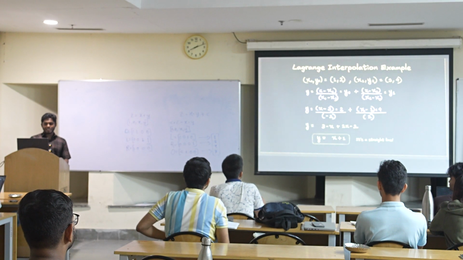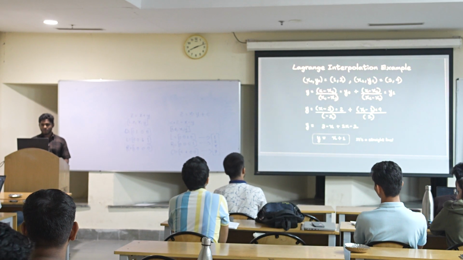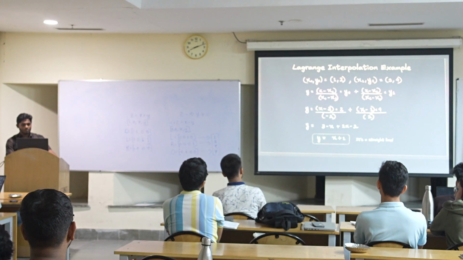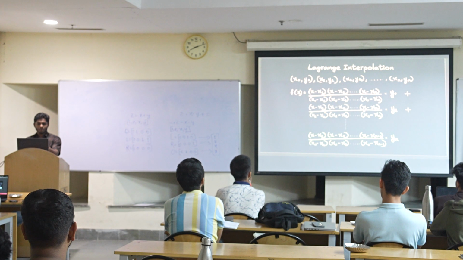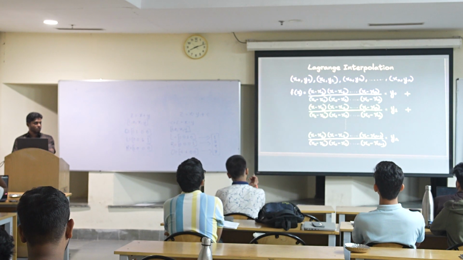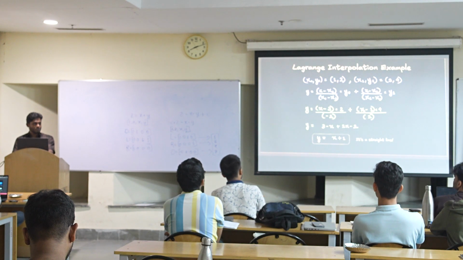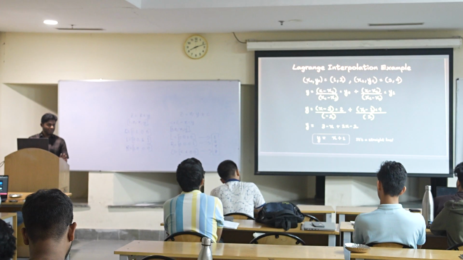So now let's take an example. x naught and y naught equal to 1, 2, and x1 and y1 is 3, 4. So here in the formula, we have to use only the first 2 terms of this formula, because we have only 2 points.